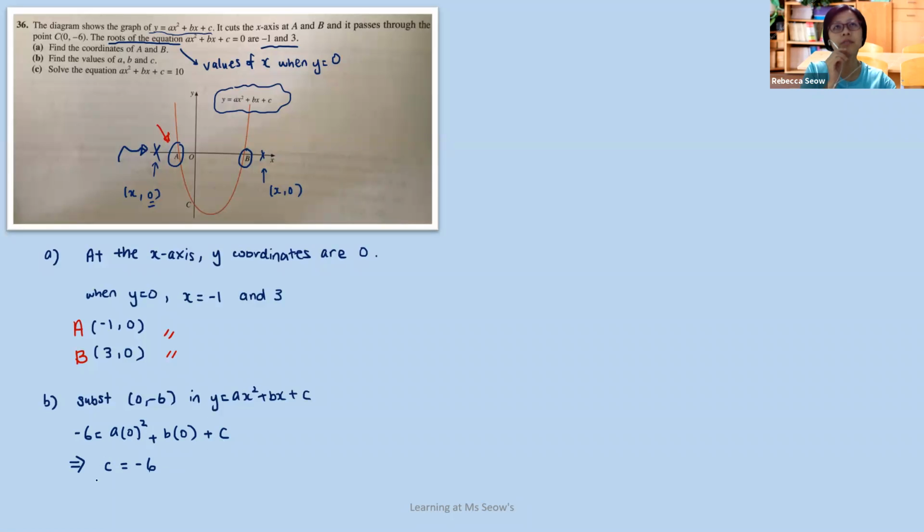And if we simplify this quadratic, we will have y equals ax squared plus bx minus 6.